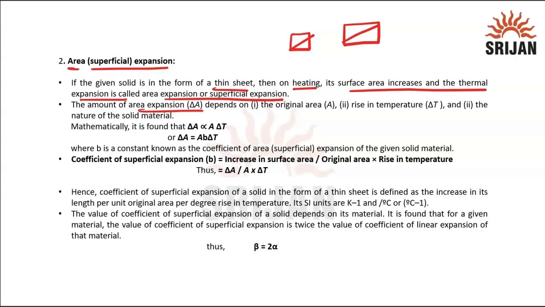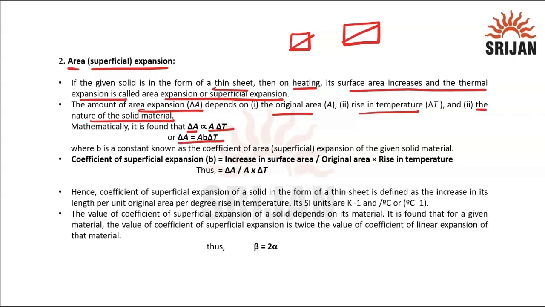The amount of area expansion, which is the change in area, delta A, depends on the original area, the rise in temperature, and the nature of the solid material. So your relation is: delta A is directly proportional to the product of the original area and the change in temperature.